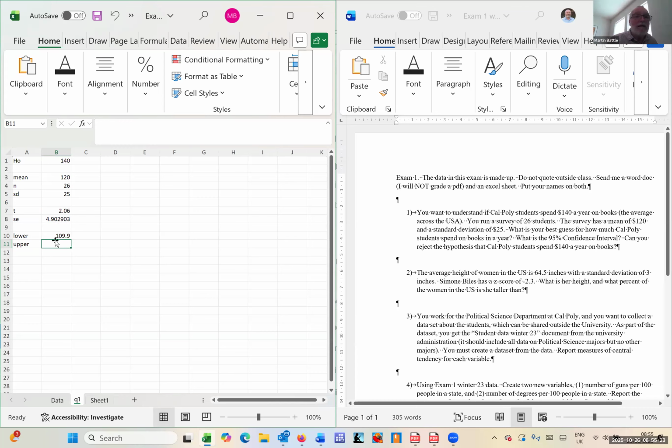So say 110. The upper confidence interval is equal to the mean plus bracket T times standard error. So 131. So I think 95% of the time, Cal Poly students spend between 110 and $130.